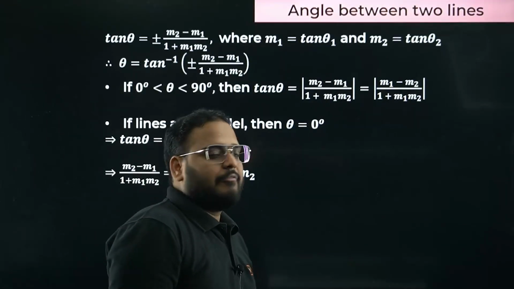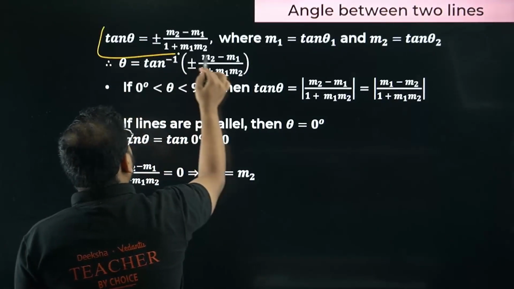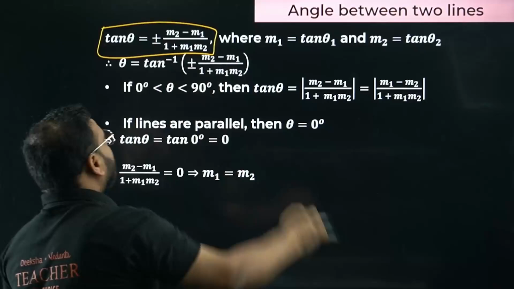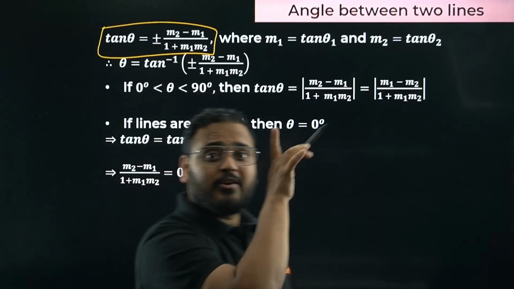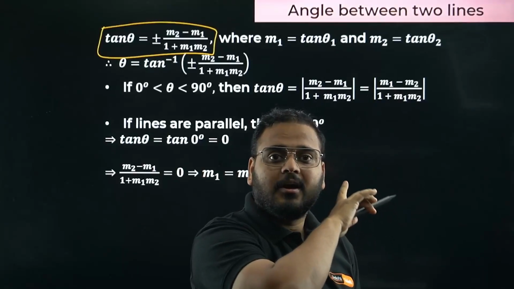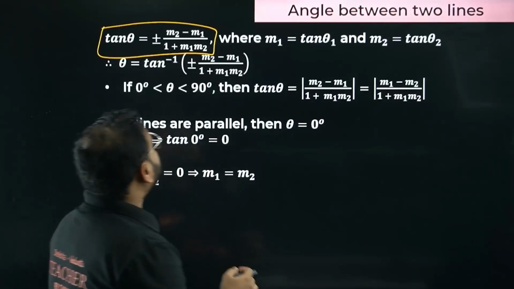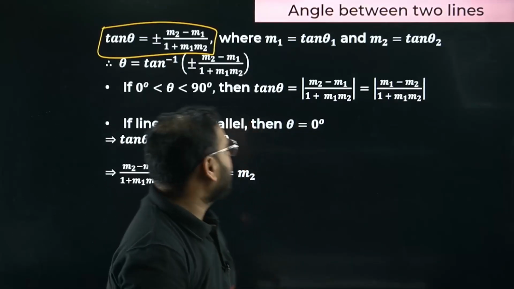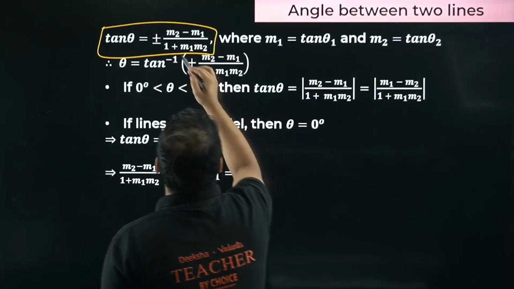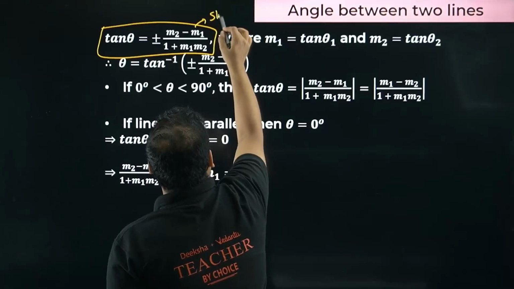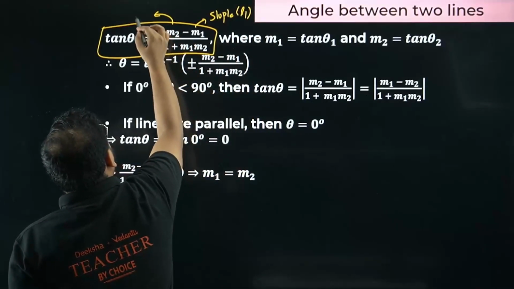Angle between two lines. A very important concept. There is a formula for this: tan theta equals M2 minus M1 upon 1 plus M1 M2. Remember, this comes from the trigonometric functions we have learnt: tan A minus tan B upon 1 plus tan A tan B. M1 represents the slope of line L1 and M2 the slope of line L2.